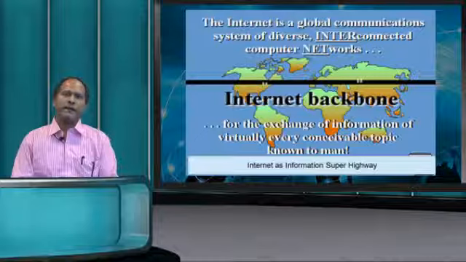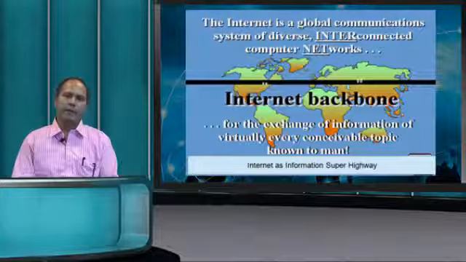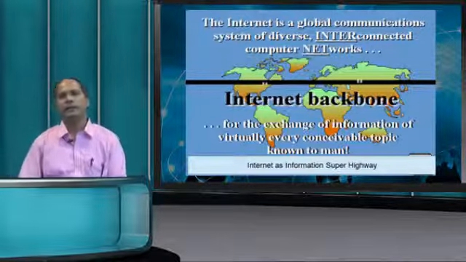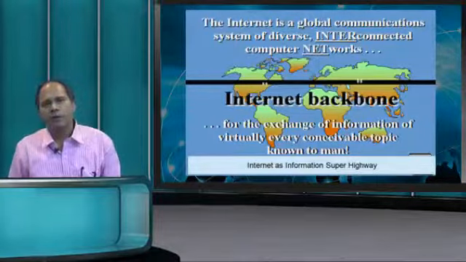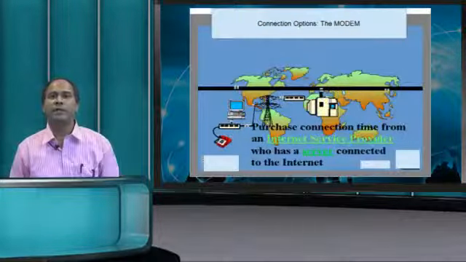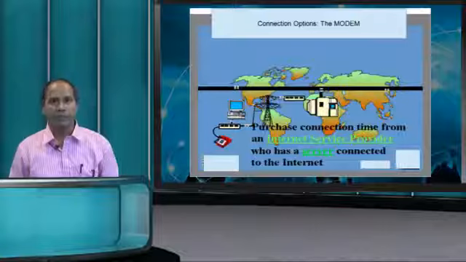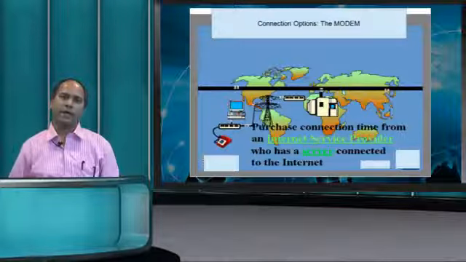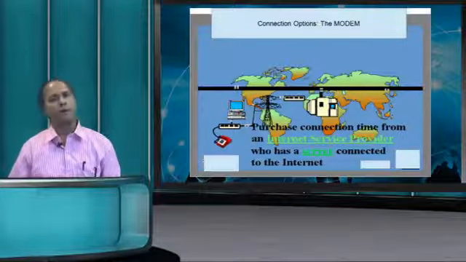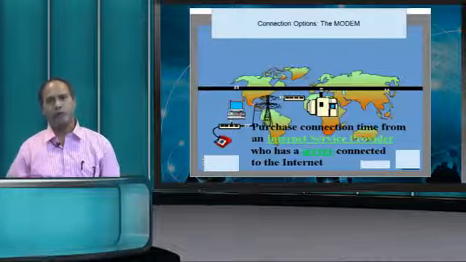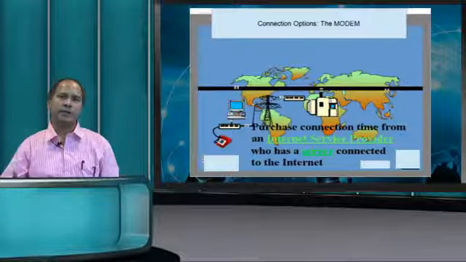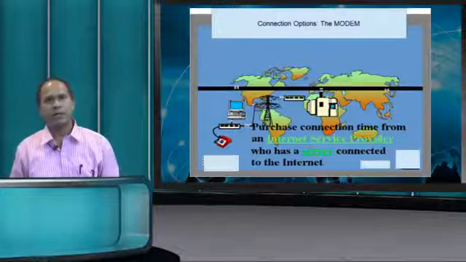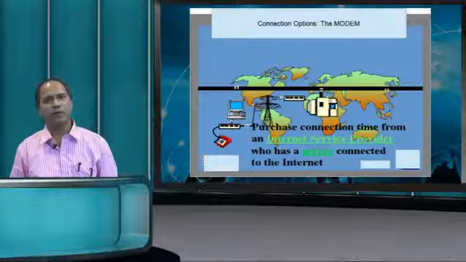Now, as I told you, anyone can be connected to the internet. So at the individual level, how can you connect to the internet? For example, in your home you have a computer. If you look at the picture, that computer is connected to a telephone line via a communication device called a modem. A modem supports conversion of analog signal into digital, and vice versa. It takes analog and converts it into a digital signal. Again, it takes digital and converts it into an analog signal. So your home computer is connected to the telephone set through the modem.